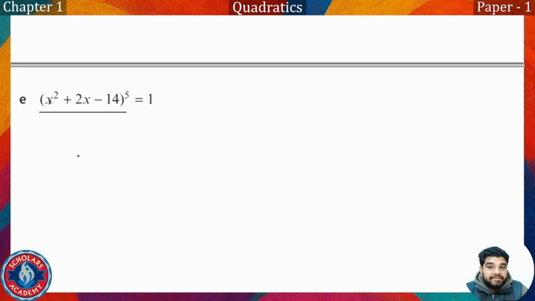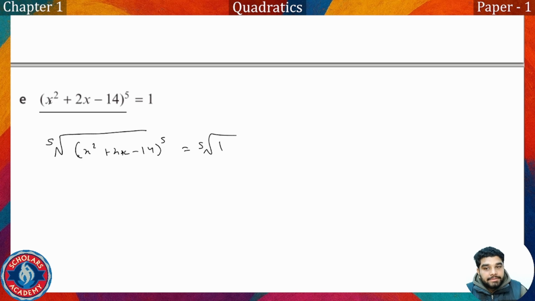I told you in previous lectures that if we take any operation in the left hand side, we'll also take that in right hand side and the equations are equal. So we take fifth root of this left hand side, x square plus 2x minus 14 to the power of 5 is equal to fifth root of 1.